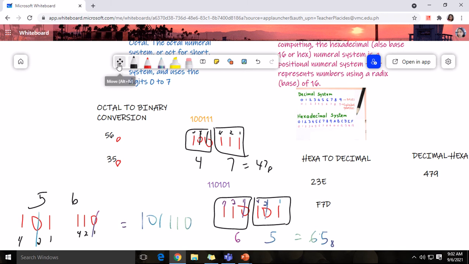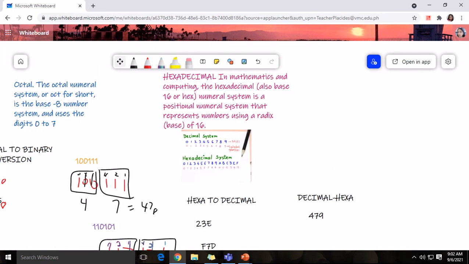So, get it? Next is the hexadecimal. In mathematics and computing, the hexadecimal, or hex, numeral system is a positional numeral system that represents numbers using a radix, or base, of 16.